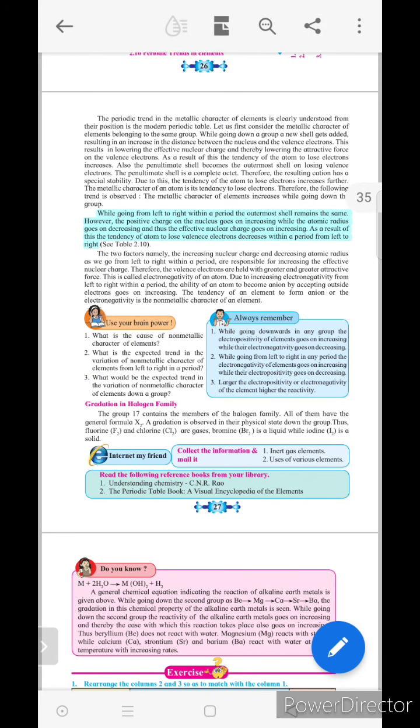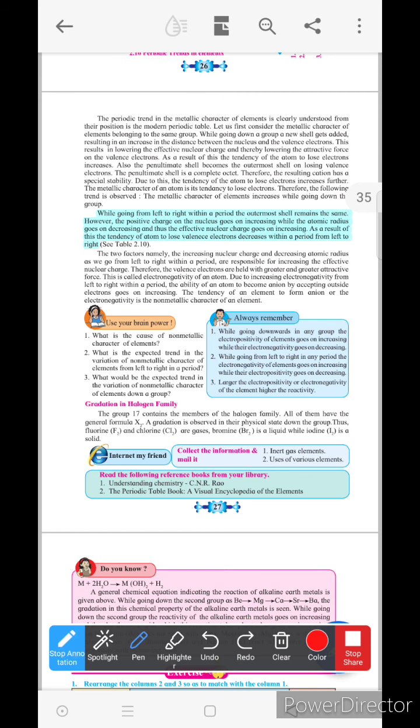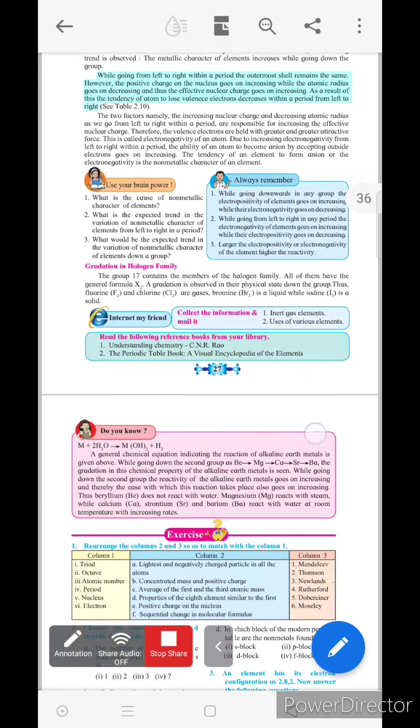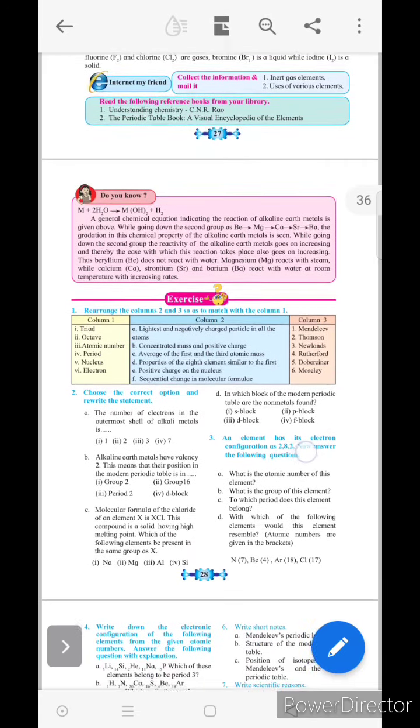At the bottom there are 3 boxes. You can see Internet is my friend, Collect information, Read the following reference books. These 3 topics are removed from your syllabus. So मेजर ऐसा कोई भी रिमूवल नहीं है.